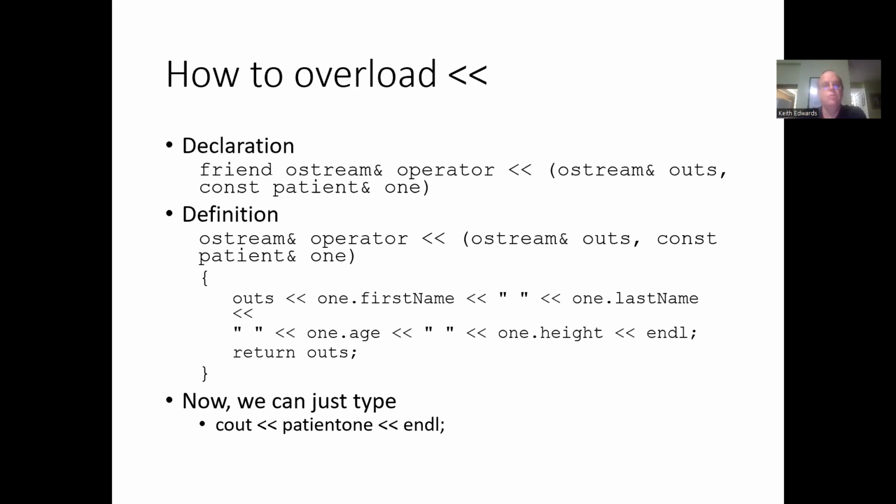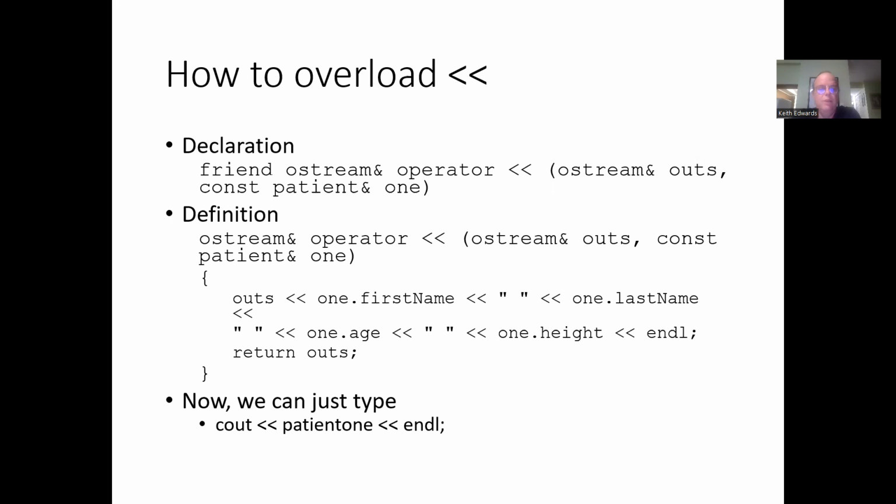So here's how we would do that in code if we had a class. We would declare it as a friend function, so it has access to the individual member variables without going through the class interface. We're going to return a type of output stream, and notice that one's passed by reference. It's going to be an operator, and the operator is the two arrows pointing left that we use typically with cout. We pass it the output stream outs, and we pass it the individual class object that we want to output.